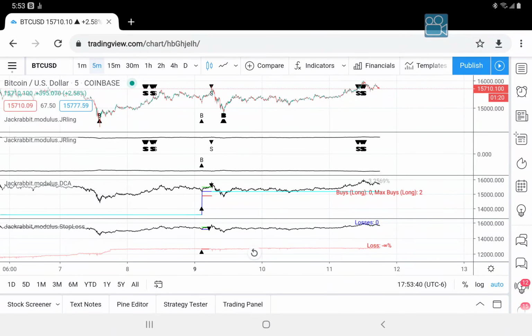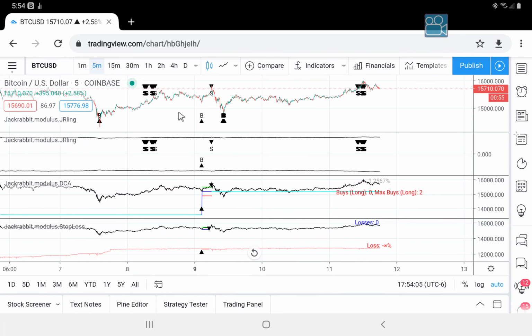Jackrabbit is such a way that I can't tell you what is possible, because there's no way for me to test every possible combination it can do. And that really is the biggest advantage Jackrabbit has as a whole. You can come up with combinations I may never see.